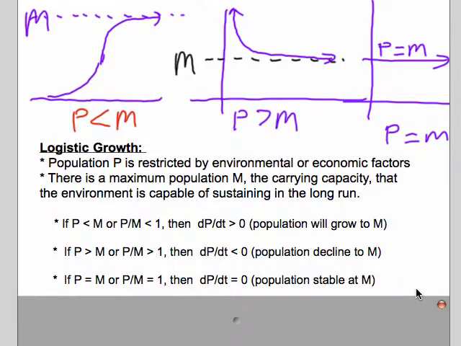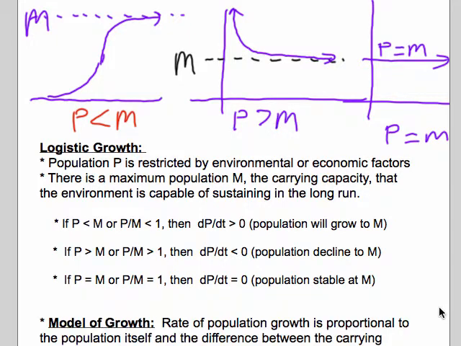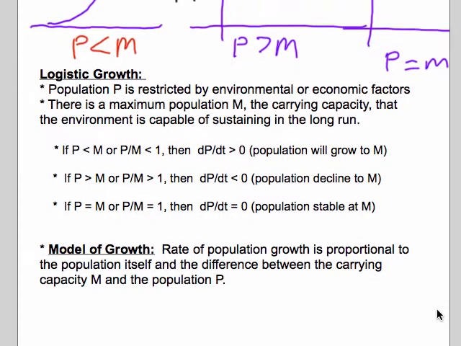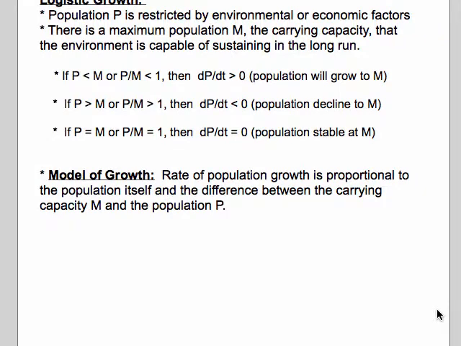So what we want to do now is take our understanding of this model and convert it into a mathematical model that will allow us to come up with an equation that reflects this reality. And here's the model we're going to use for logistic growth. The rate of population growth is directly proportional. I'm going to use a capital K here. Directly proportional to the population.